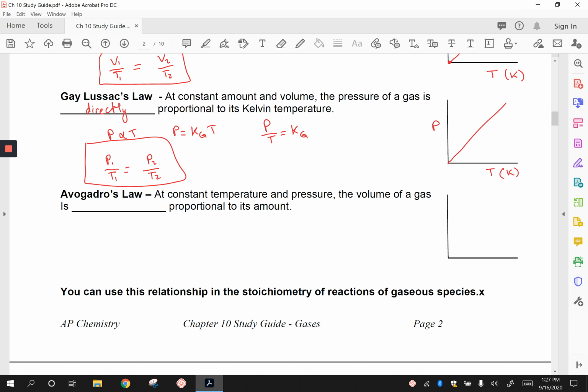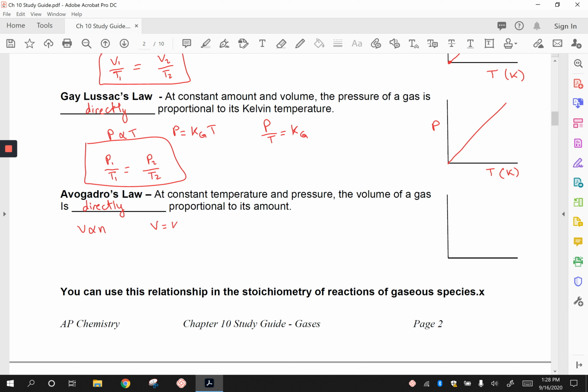Avogadro's law is next, and Avogadro's law looks at constant temperature and pressure. When you change the volume, how does the amount change? Obviously if you have more gas particles, they're going to occupy more volume, and so that is a direct relationship. So V is proportional to n.